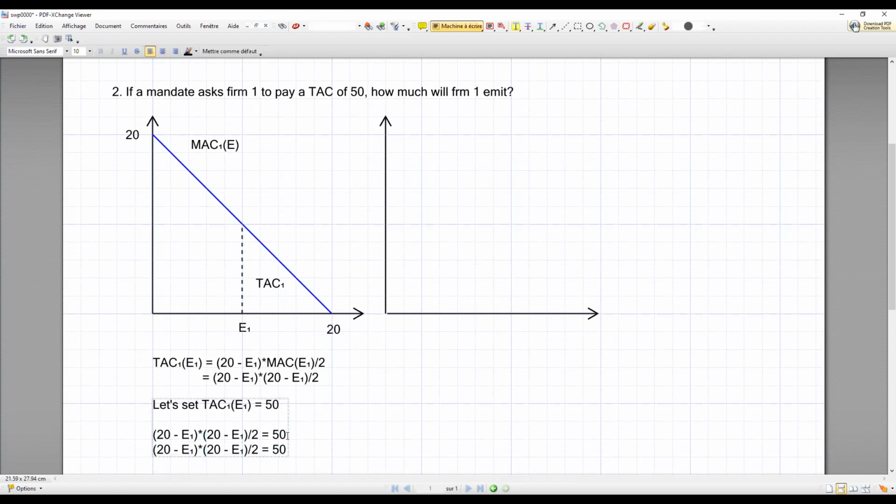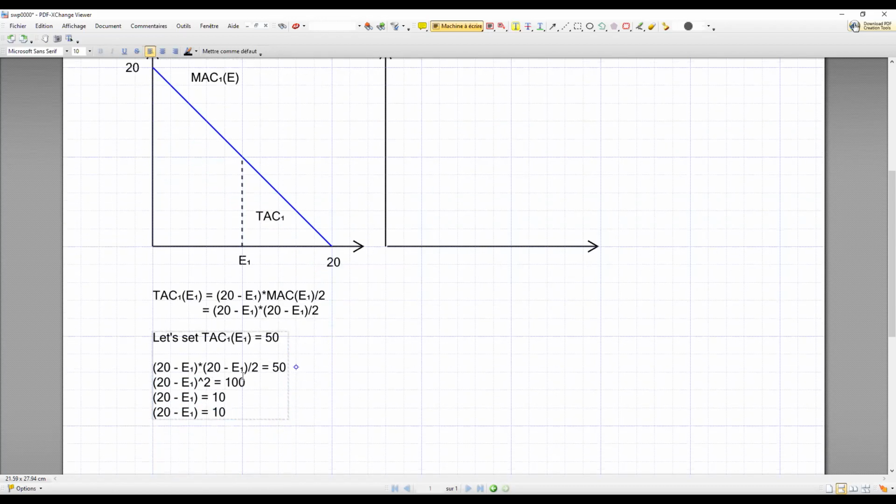All right, so 100 equals this, and now this is just squared. So I can take the square root on both sides. It's 10. Then I find that E1 is going to be equal to 20 minus 10. So 10, good job.